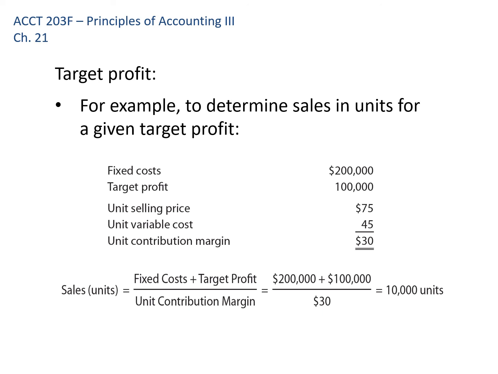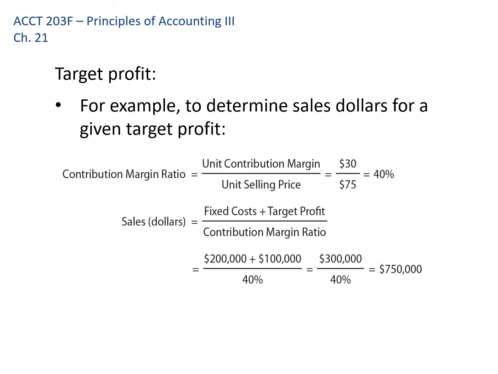My numerator is fixed cost plus the target profit: 200,000 plus 100,000, 300,000, and each unit I sell is going to give me $30. So how many do I need to sell? I need to sell 10,000 units. If I sell 10,000 units at a contribution margin of $30 each, I will have earned $300,000 in contribution margin, which will cover my $200,000 fixed cost and give me $100,000 in target profit.